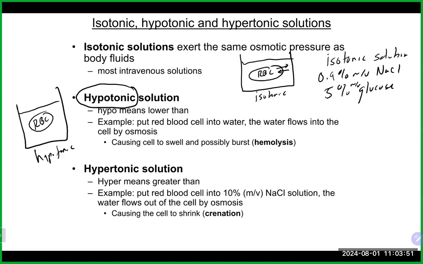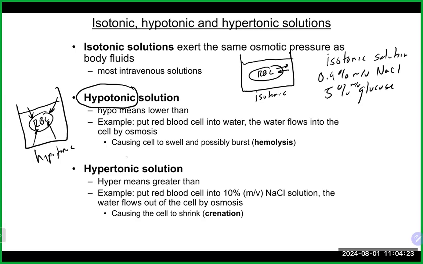So by the process of osmosis, all of the outside solution is going to run into the cell. That is going to cause the cell to swell and probably burst, which is known as hemolysis, which is probably not a good thing if it's your cells, I suppose. So this process of osmosis, hypotonic, lower concentration outside than inside, everybody's going to rush inside the cell in an effort to equalize the pressure on each side, and it's not going to be able to do so. It's going to cause the cell to swell.